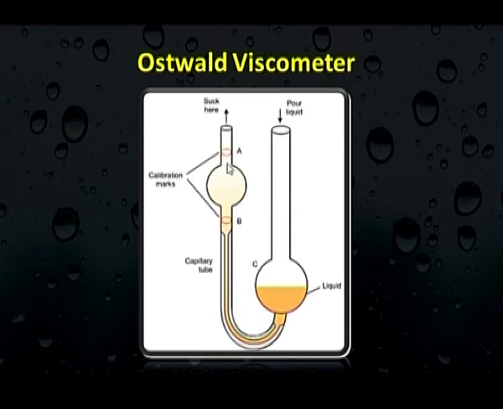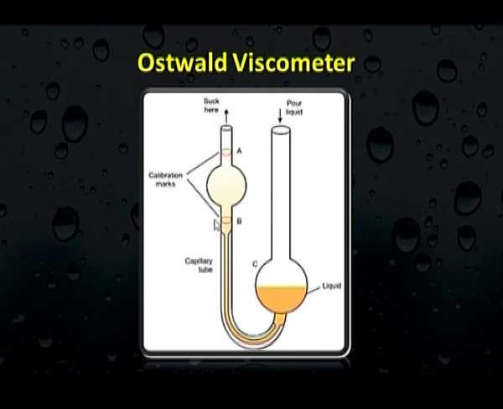Then it will rise up to the mark A. Suppose we have taken the first liquid, then we will release it, so the liquid will travel from A to B and we will note down the time taken during this flow.